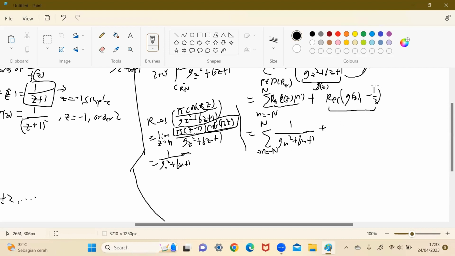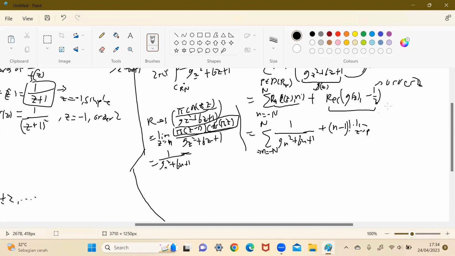Notice that this is a pole of order 2. So there's a formula for that. So we will have 1 over (k minus 1) factorial times the limit as z approaches p.